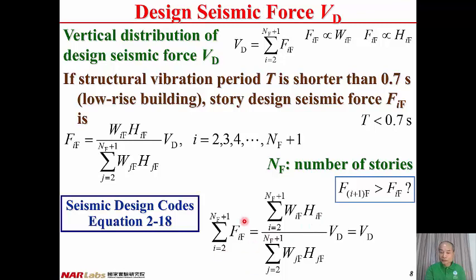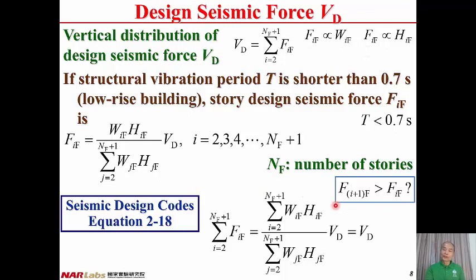Therefore, we have the summation here equal to Vd. Therefore, it satisfies these conditions. Therefore, the equation for the computation of the story design seismic force Fi^F satisfies all these three conditions.